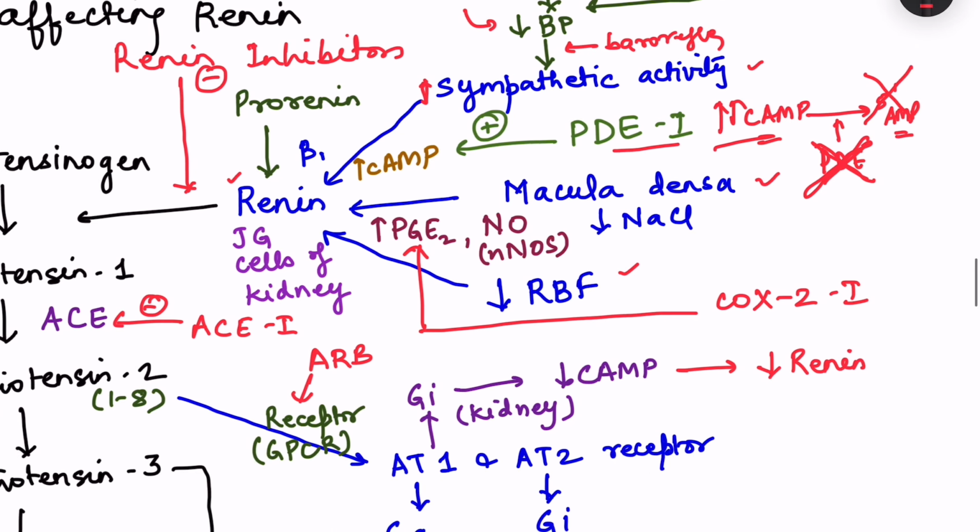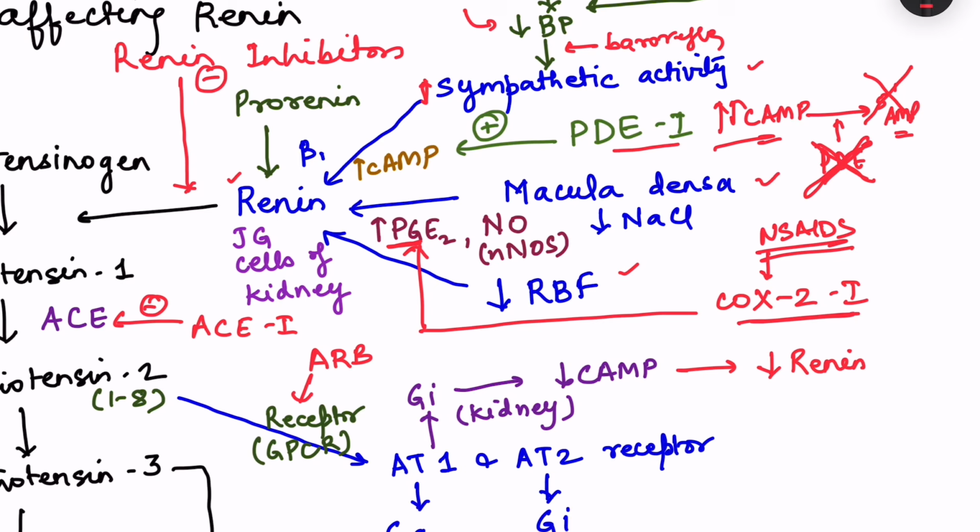Fourth, COX-2 inhibitors. What do COX-2 inhibitors do? They decrease the production of prostaglandins. So, there will be a decrease in the production of prostaglandin E2, which stimulates renin. So, COX-2 inhibitors will decrease the renin release. This happens with NSAIDs, non-steroidal anti-inflammatory drugs, which are COX-2 inhibitors.